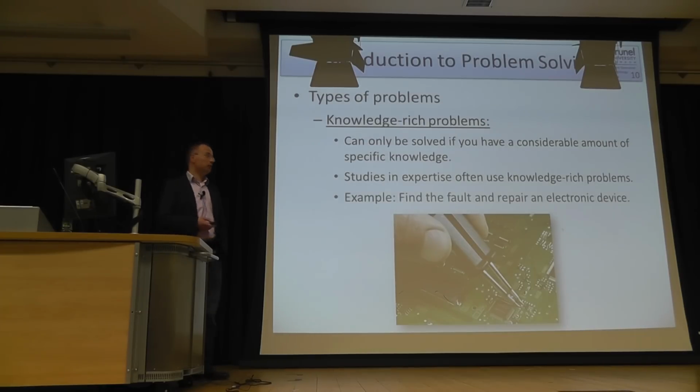An example would be that you have to find a fault and repair an electronic device. You need background knowledge, how to use soldering equipment, how to measure these electronic chips and things like that. So that can't be done by a lay person.